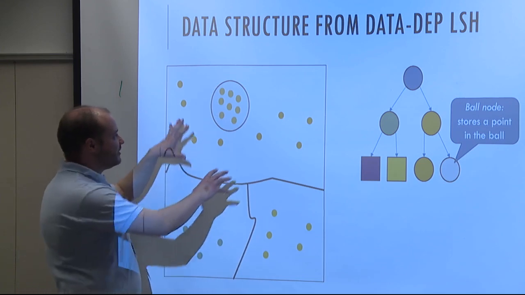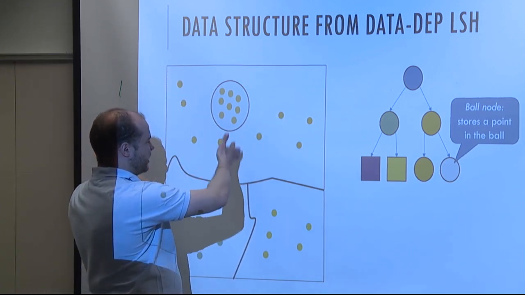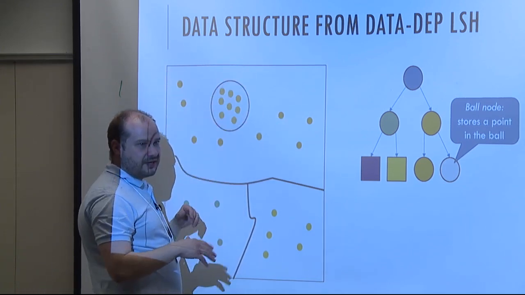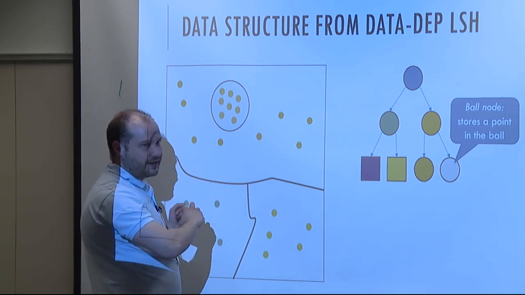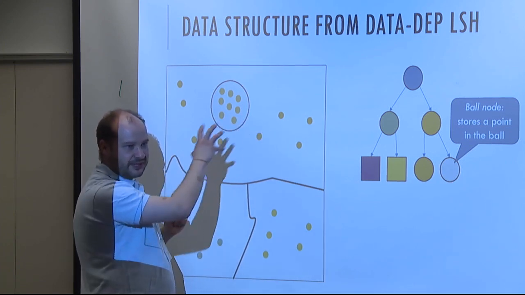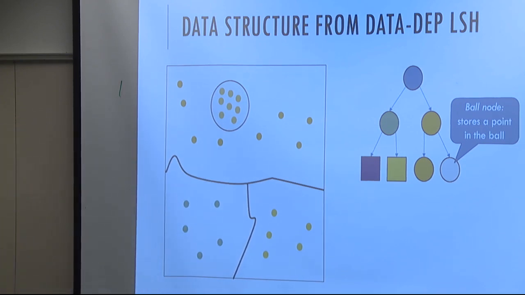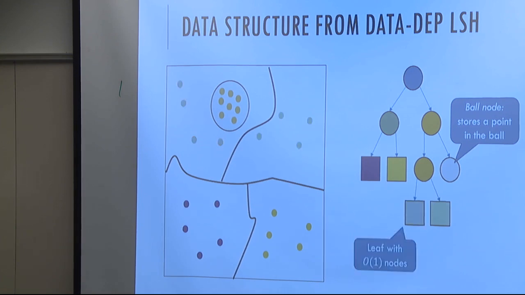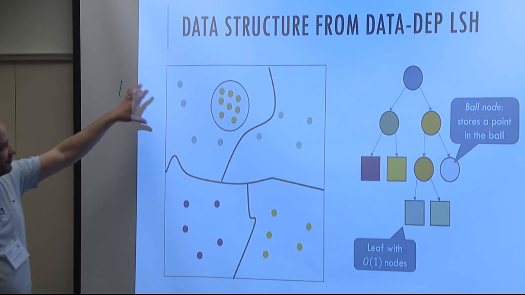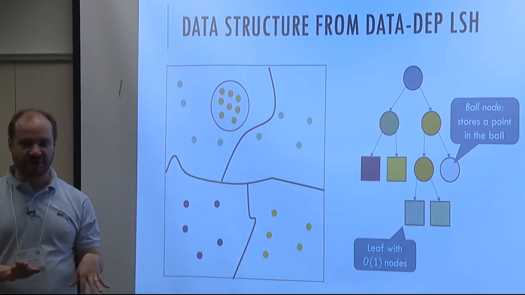So now if the remaining thing is not dense, I'll somehow partition it. If it's still dense, then I'll still find the ball and carve it out. So I may carve out balls multiple times. Okay, good. So yeah, that's the data structure. Here, I'm recursing, right? I'm partitioning into 2 parts. And now I have few enough points here that I can just stop.